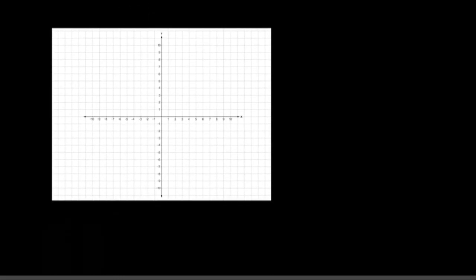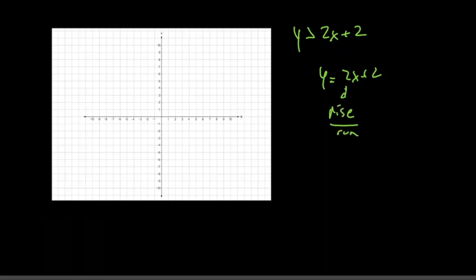Let's say we have the inequality y is greater than 2x plus 2. First, we're going to graph the line y equals 2x plus 2 to see where it is. And remember, this 2 is the slope, which is rise over run, and this 2 right here is the y-intercept, so when x is 0.